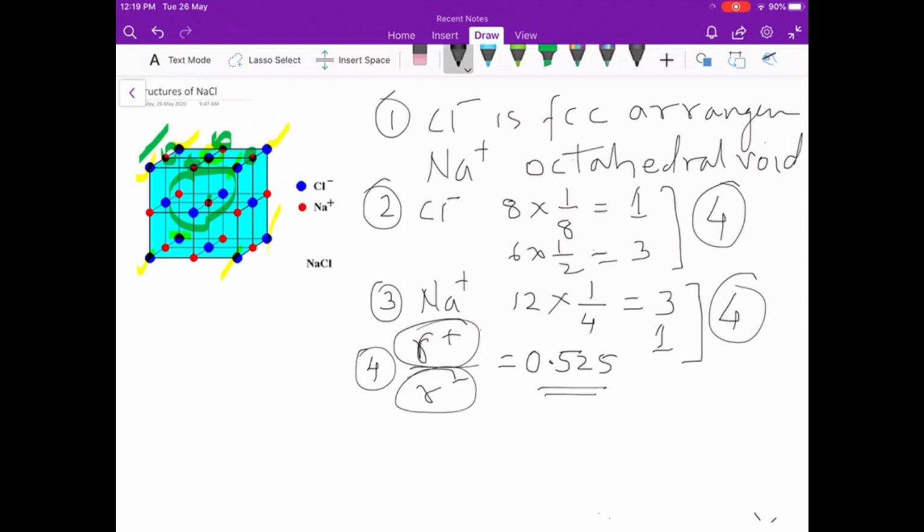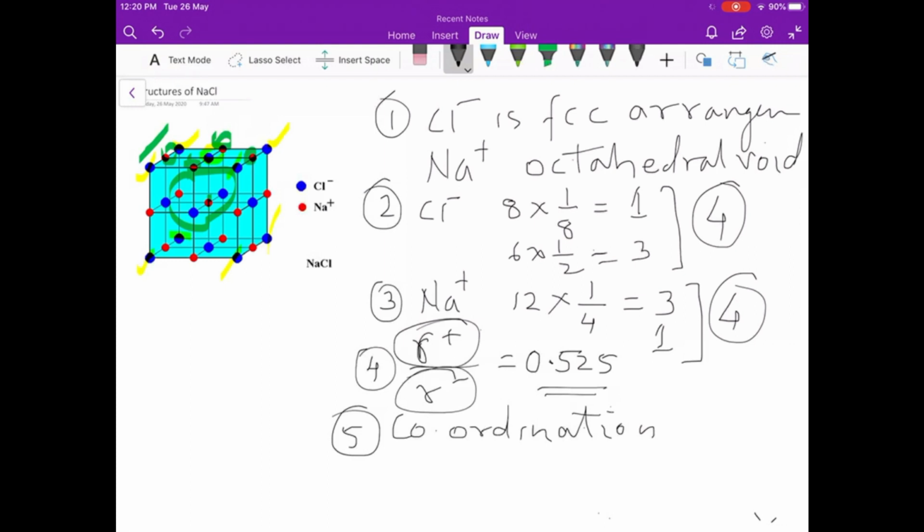Now if you look at the diagram again, one sodium ion is surrounded by 6 chloride ions. If you are looking at the red dot, one red dot is surrounded by 6 blue dots. Similarly, one blue dot is surrounded by 6 red dots. That means sodium ion is surrounded by 6 chloride ions, and one chloride ion is surrounded by 6 sodium ions. That is why we talk about the coordination number.